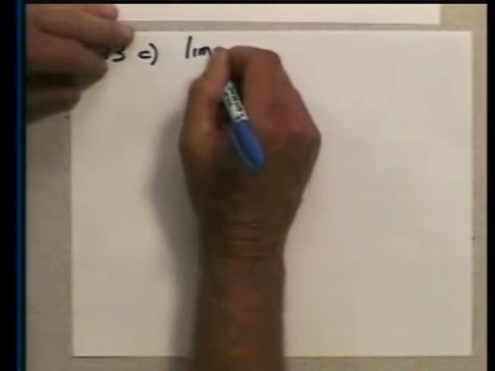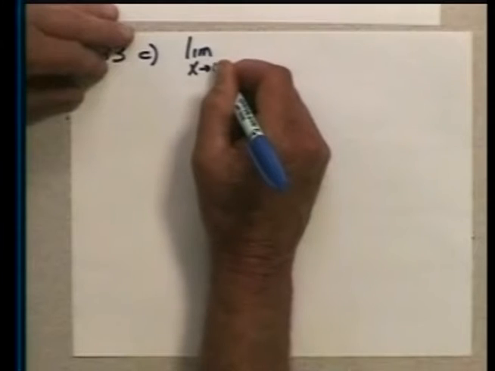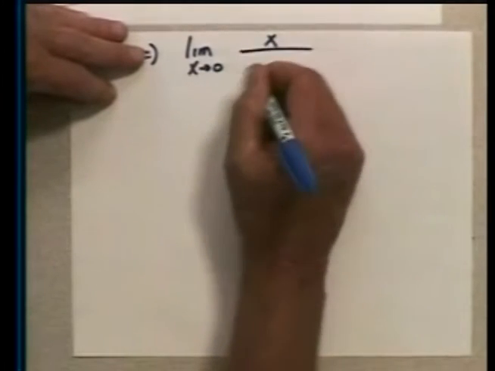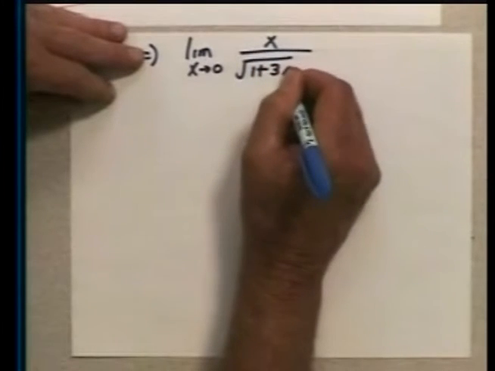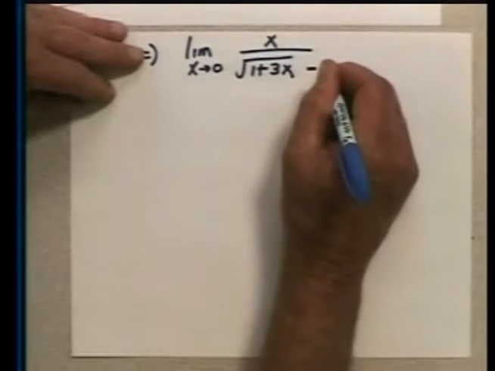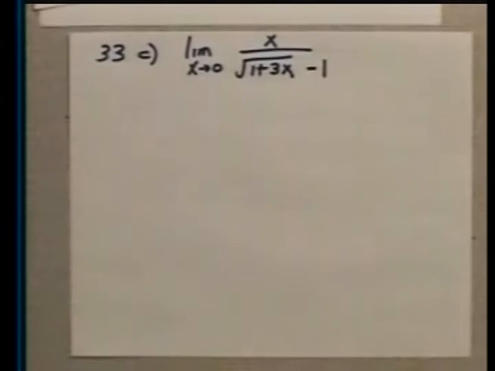It's the limit as x approaches 0 of x over the square root of 1 plus 3x, and then subtract 1 from that. The first thing you have to notice is that the 1 is not under the radical. Did you see that?